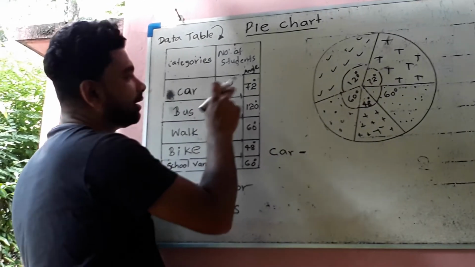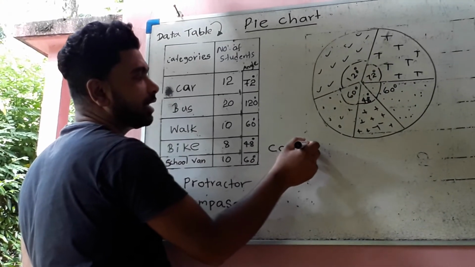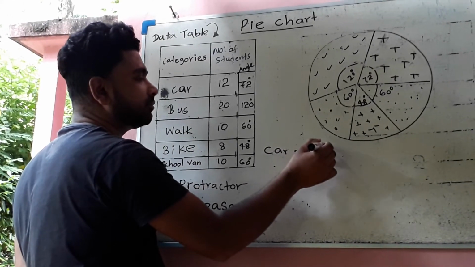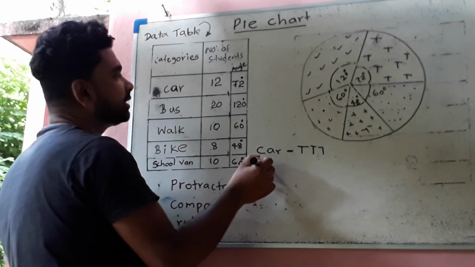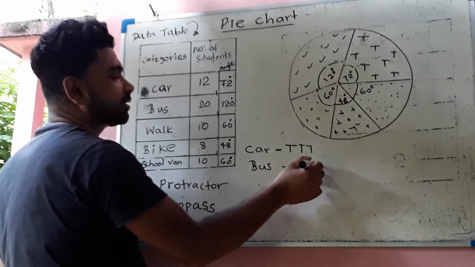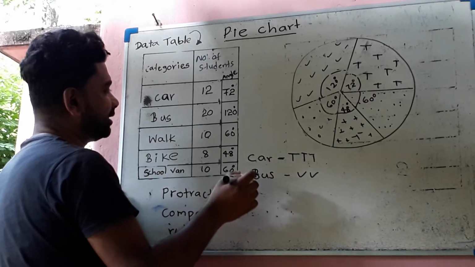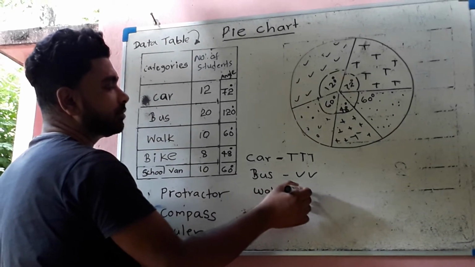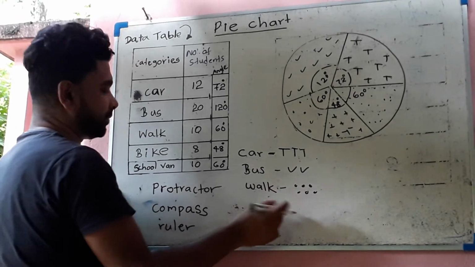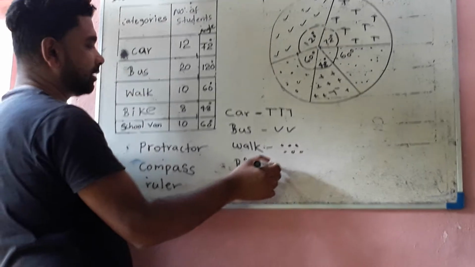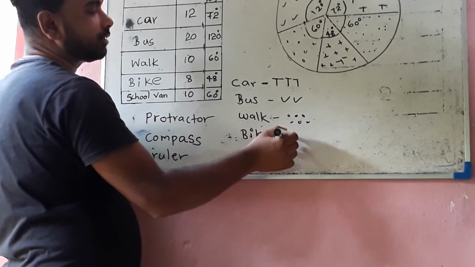Car, for the car, which is 72 degrees, I have used a T mark. And for bus, I have used this mark. For the walking students, I use dots. For students who come to school using bike, I have used a plus mark.